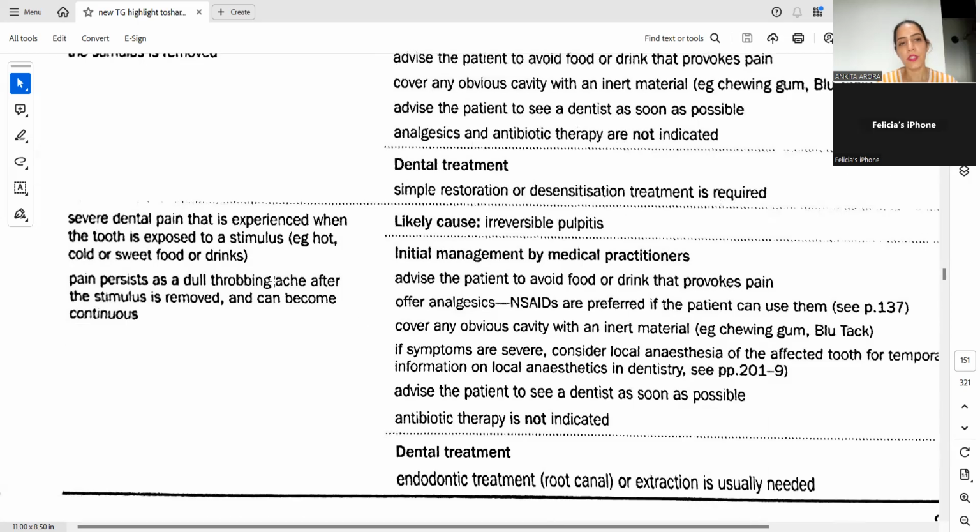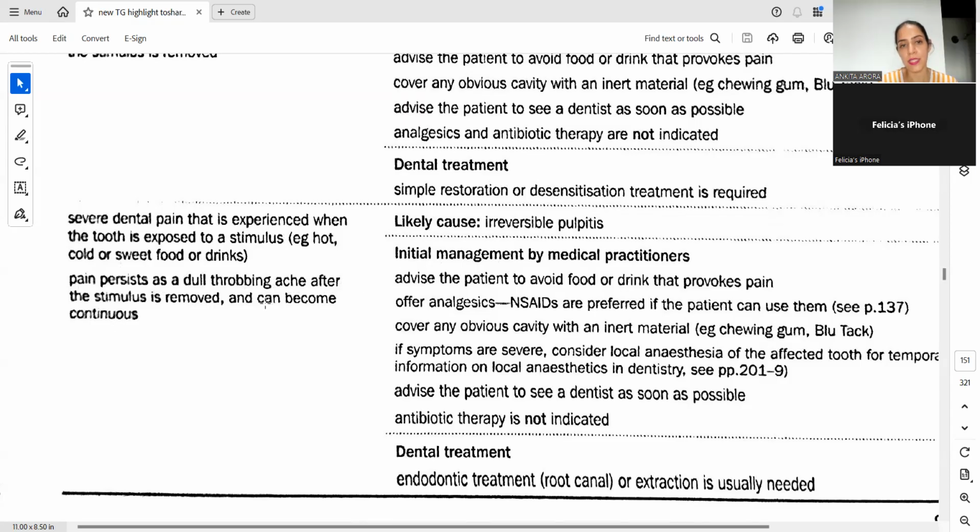Then we have severe dental pain that is experienced when the tooth is exposed to a stimulus, for example hot, cold, or sweet food or drinks. So it is a severe dental pain, and the pain persists as a dull throbbing ache even after the stimulus is removed and can become continuous.